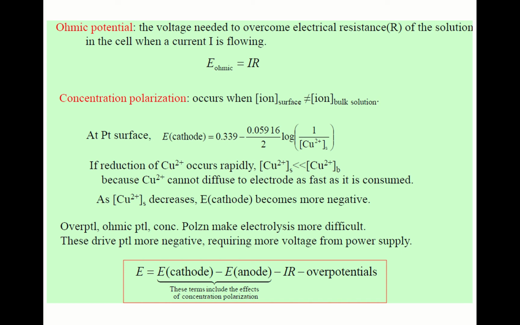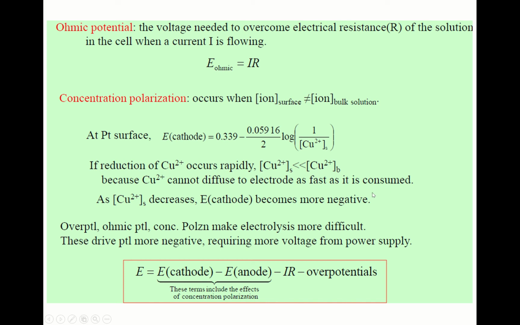Whenever bulk copper ion reaches the surface, the surface concentration immediately becomes zero. So this condition may apply, because copper ion cannot diffuse to the electrode as fast as it is consumed.